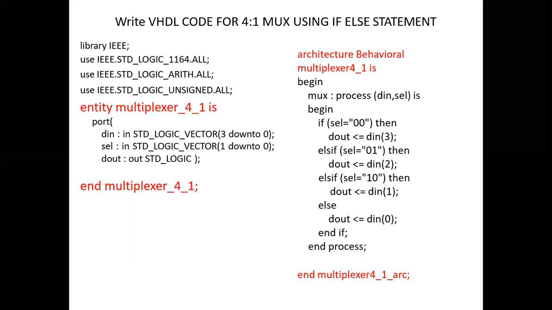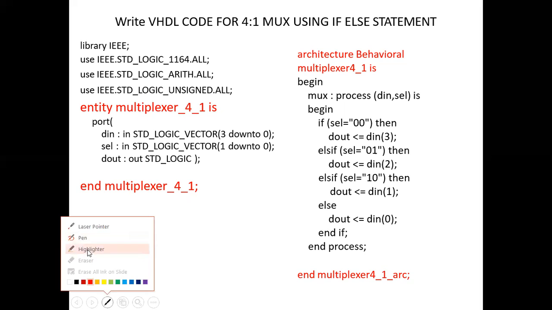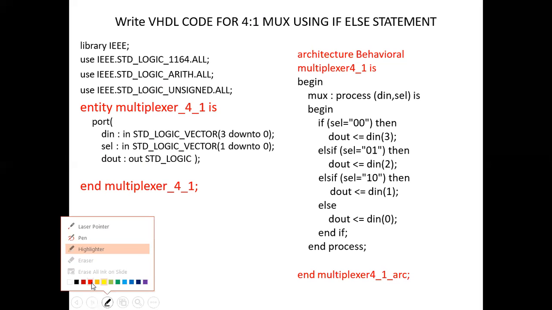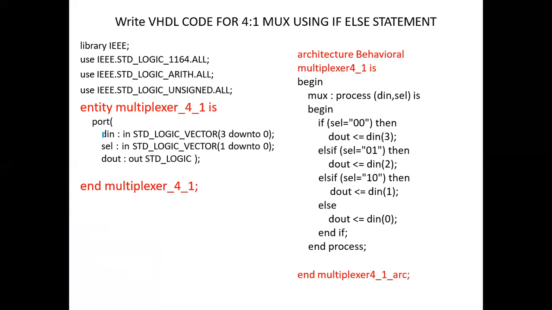D in represents the input, 3 down to 0, which means it is a 4-bit input. Selection is 1 down to 0, that is 2-bit data. Then D out is a single logic bit. So the output is 1. That is the 4:1 mux.